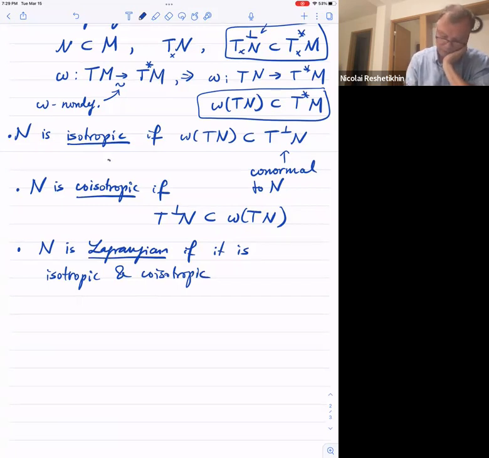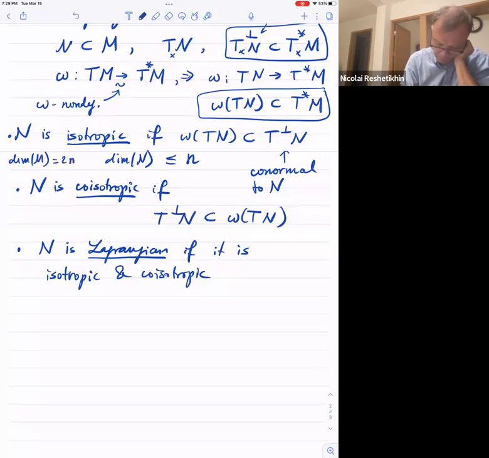And just last remark, the dimension of isotropic submanifold is always less than or equal to n. I assume that the dimension of M is 2n. The dimension of coisotropic submanifold is always greater or equal than n. And then it doesn't leave any room for the Lagrangian submanifold.